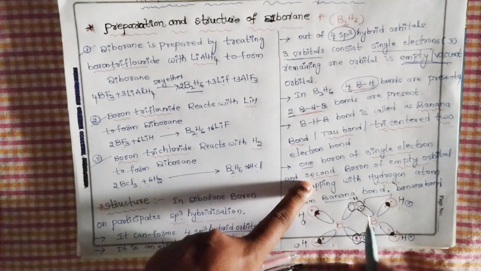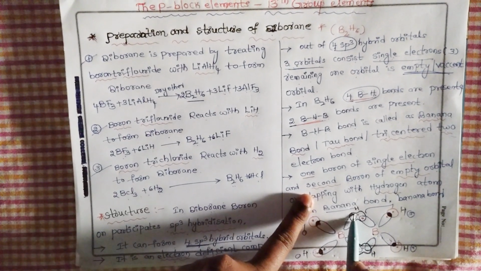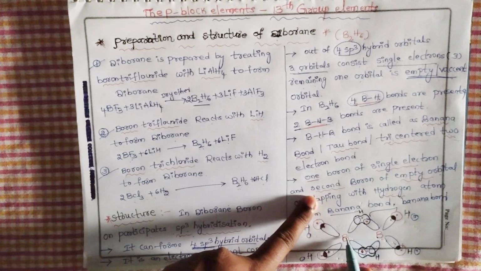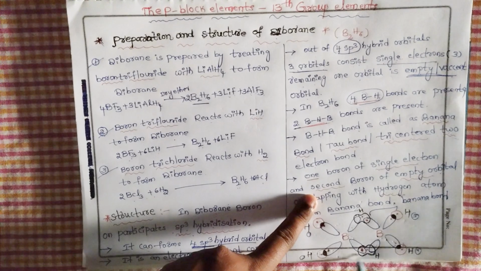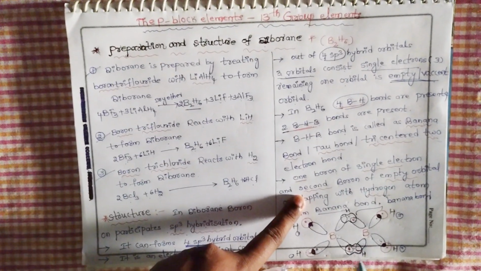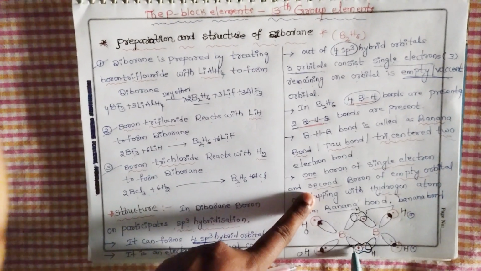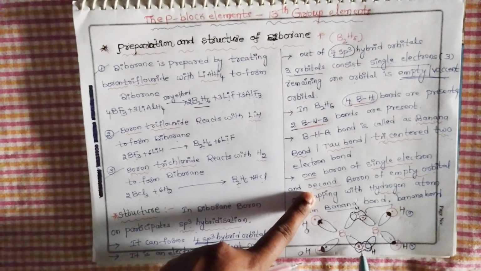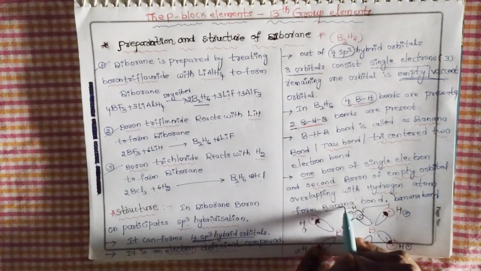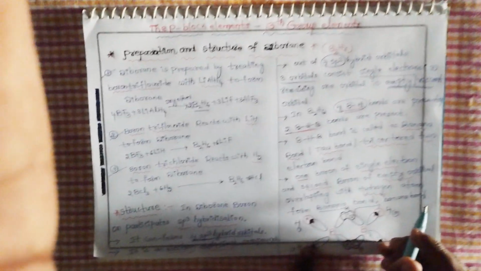It is also called tri-centered. What is tri-centered? One boron with a single electron, the second boron with an empty orbital, and the overlap with hydrogen. So that is 1, 2, 3. In the tri-centered bond, how many electrons are present? 2 electrons. That is why this bond is called a banana bond.